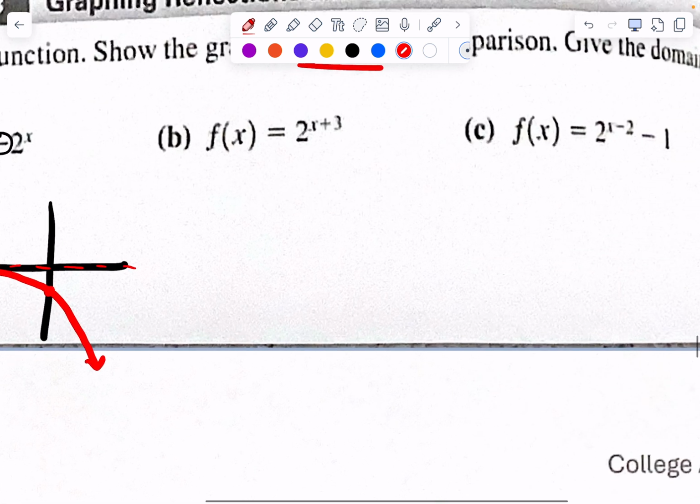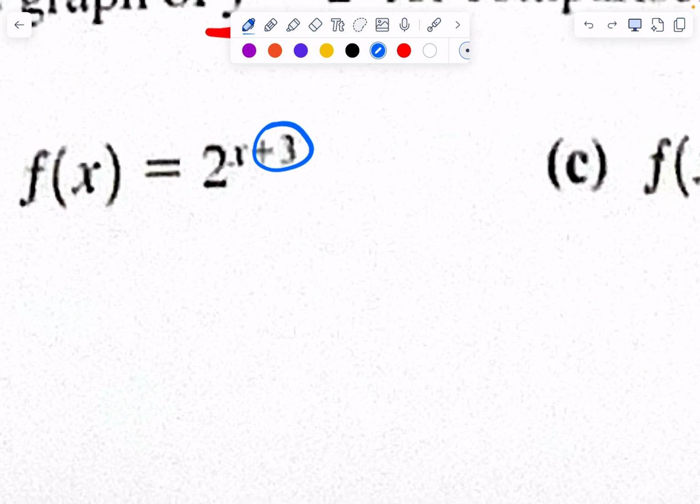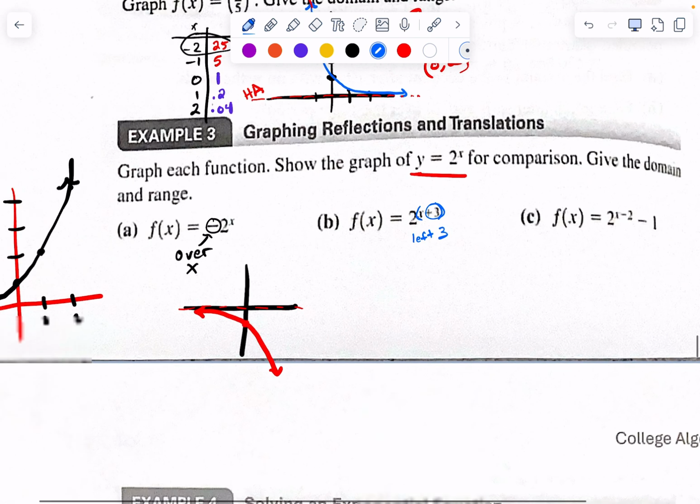Okay, what does this 3 do on part B? Up 3 would be 2 to the x plus 3 over here. So this guy is kind of like he's in parentheses right here, so it's not up. No. He's going to the left 3. Oh, yeah, sure.